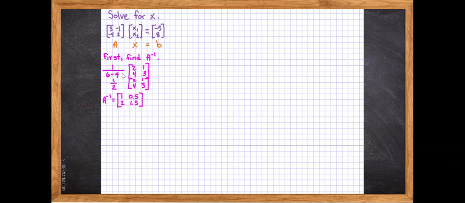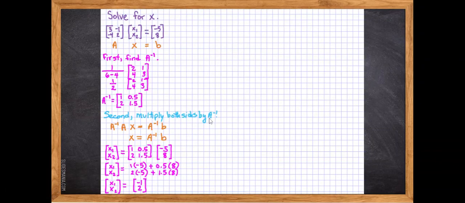So I'm going to use the formula 1 over the determinant, which is 6 minus 4, and then multiply it by this rearranged matrix where I've swapped the 3 and the 2 and changed the signs on the -4 and the -1. So I have 1/2 times this matrix, and that gives me the inverse matrix [1, 0.5; 2, 1.5].